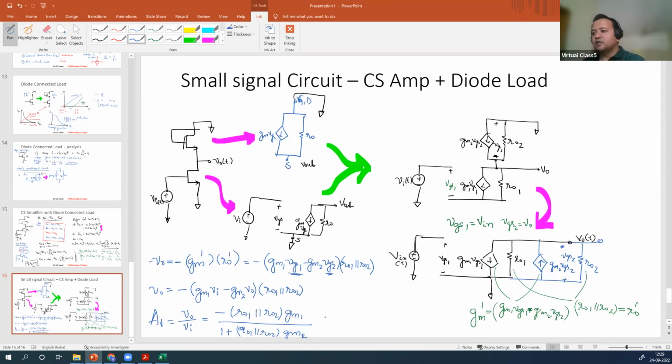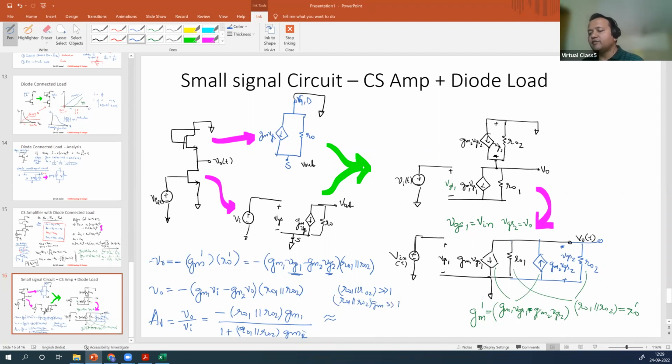So this can be written under two conditions. One, assuming R01 parallel with R02 times GM is very large compared to 1.